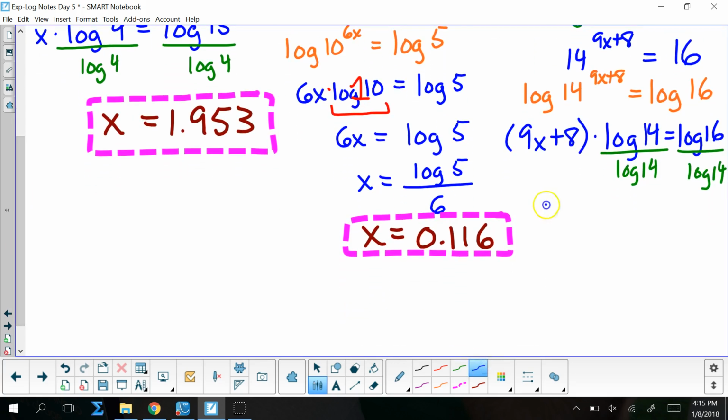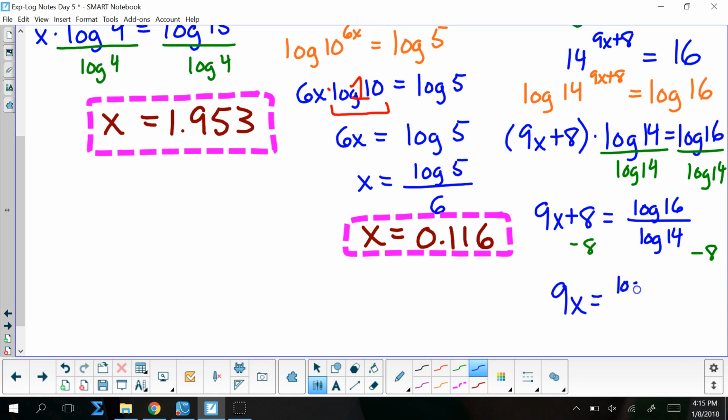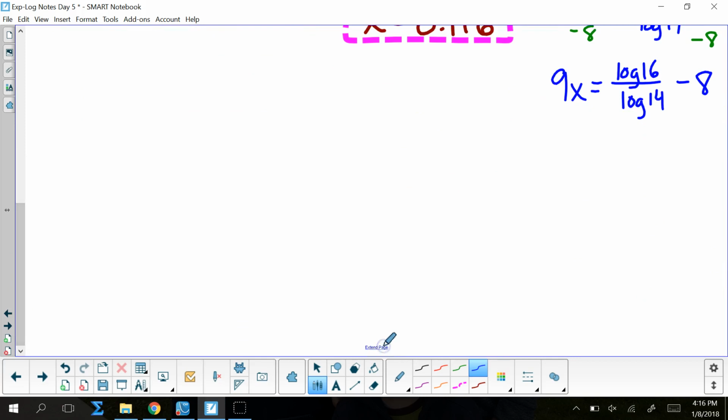So that's going to give me 9x plus 8 equals the log of 16 divided by the log of 14. Then I would subtract 8. So that's going to give me 9x equals the log of 16 divided by the log of 14 minus 8. Then all of that is going to be divided by 9.